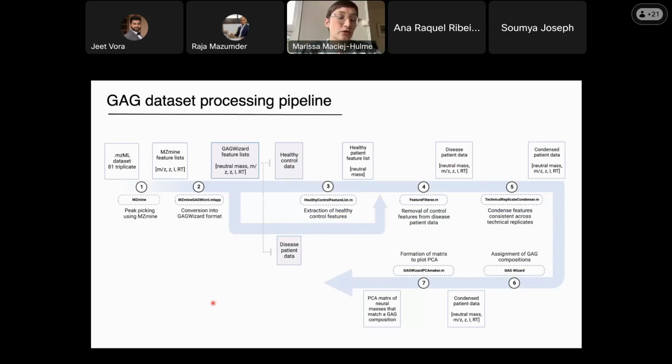So we created lists, and then we did this for healthy control data and for disease patient data for each disease subset. And what we then did is took the healthy control features out of the disease patient data to look at unique HS species as a first cut for looking at interesting heparan sulfate as biomarkers.